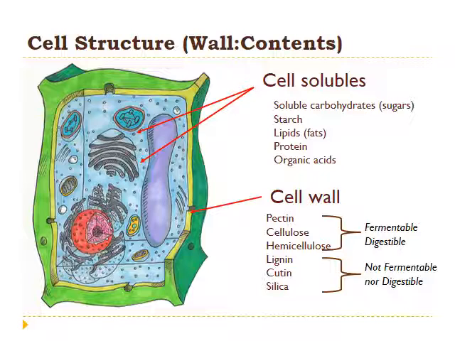Mammalian systems can handle these soluble compounds such as sugars or starch or fats or soluble proteins and organic acids. So all of those things can be digested without benefit of a large rumen or microbial relationship with ruminant microbes. So we mammals can digest these cell contents.